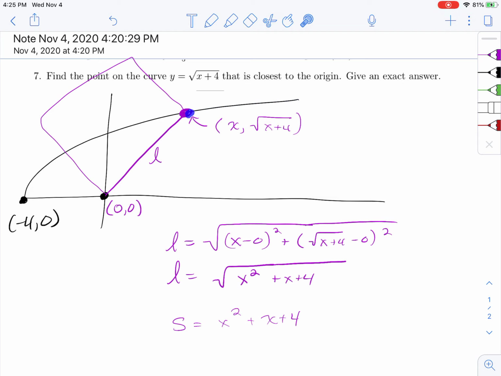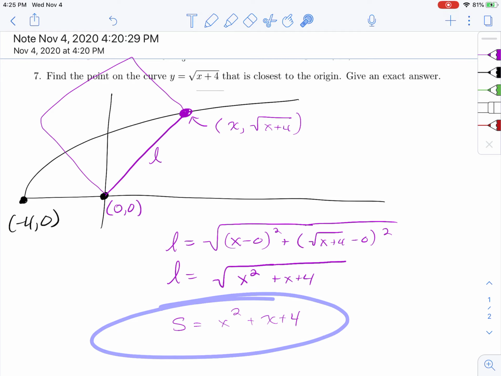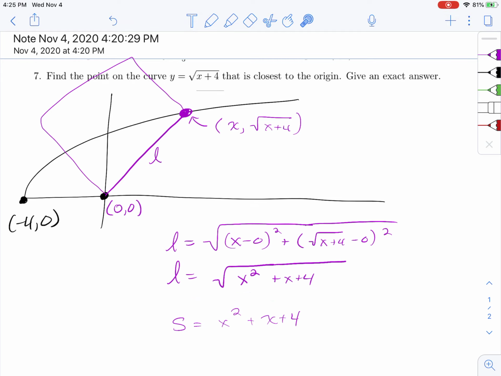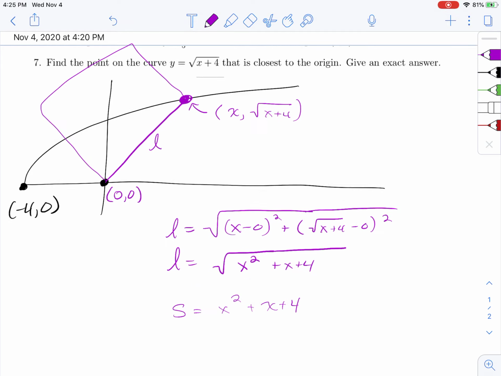So if I can find the point on the curve that makes this line the shortest, it's also going to be the point that makes the square the smallest. So that's why I can get away with minimizing the square instead of just the length.